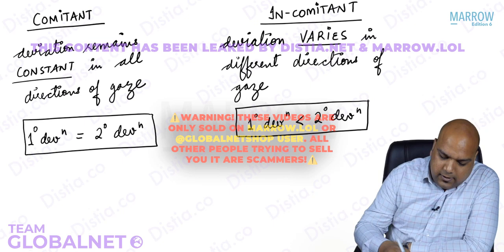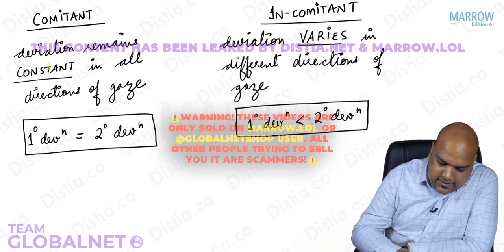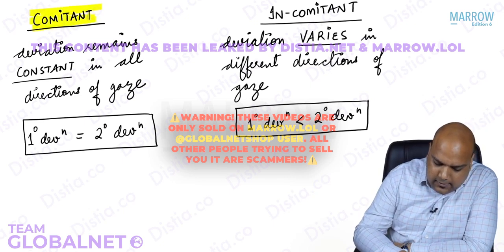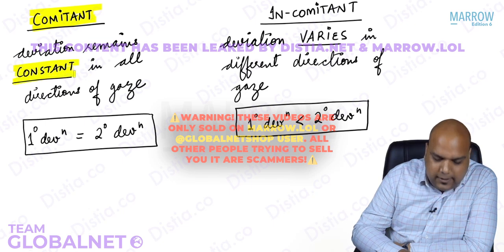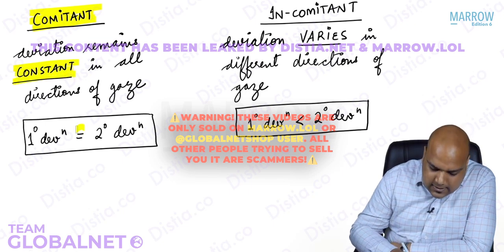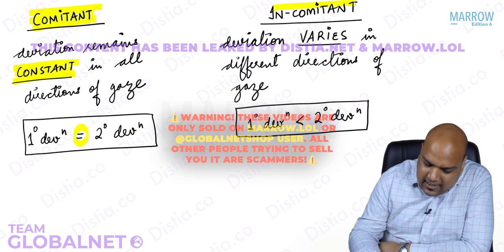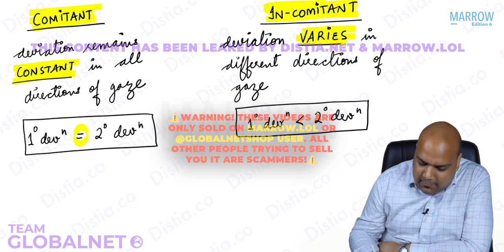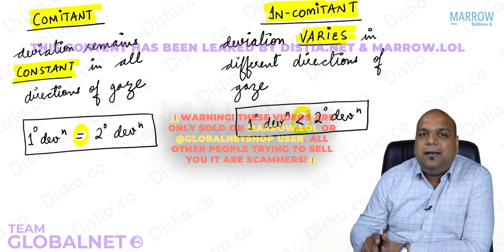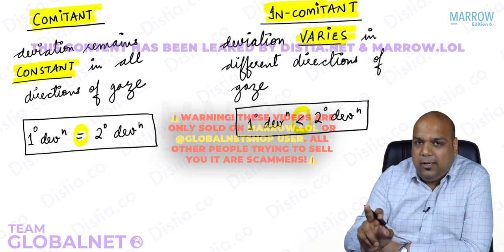First of all, I hope you understand that when I say that the squint is comitant, it is constant. Constancy is denoted by the equal to sign. When I say incomitant, I mean variation. More than or greater than denote variation. Okay, this much is clear.